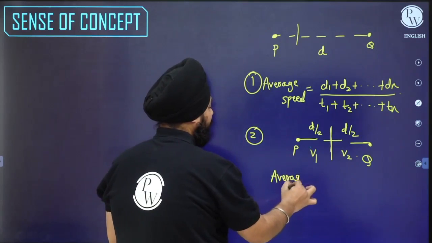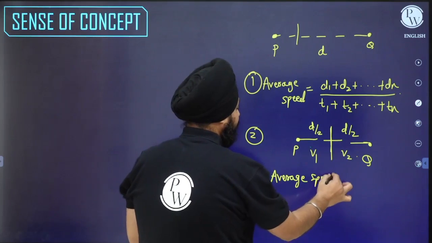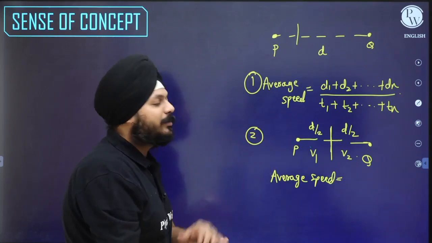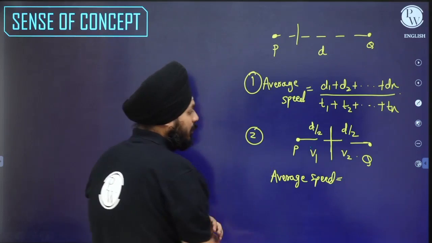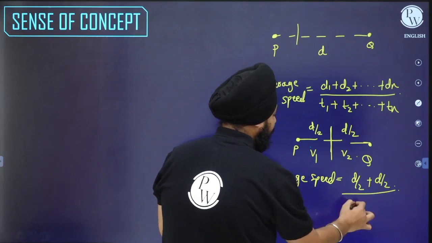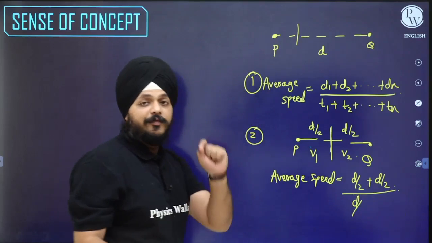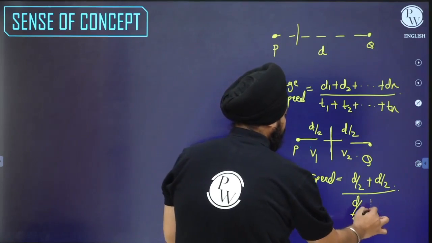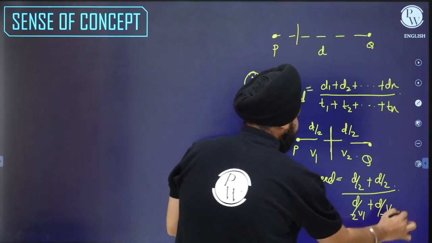It's very simple. Nothing about the time is mentioned; no information about the time is given. So for the first D by 2 and second D by 2, we replace the time with the ratio of distance by velocity, as we did in the previous sum.